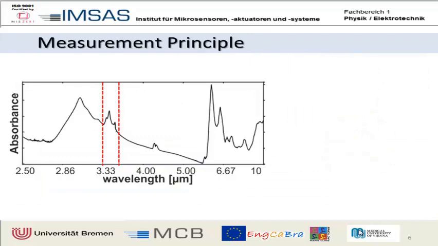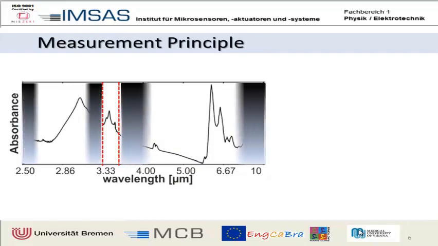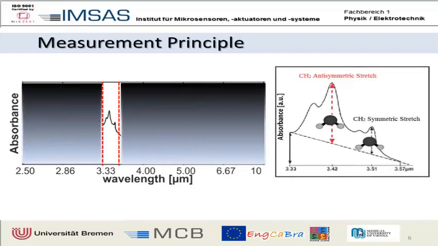What makes our sensor very special is that instead of recording the whole infrared spectra like complex and competitive infrared techniques do, we just focus on this region. The reason is that here there's the CH2 absorption portion of the spectra, and from previous studies performed in the early 90s using Fourier infrared spectroscopy, it has been noticed that cancer tissues show different heights in these peaks with respect to the corresponding healthy tissue.